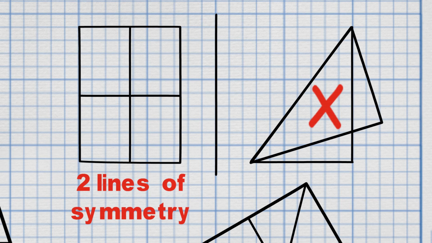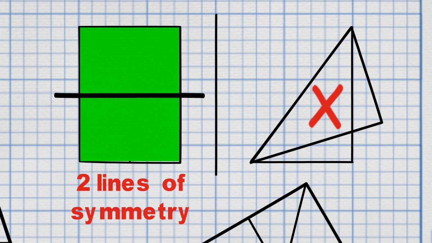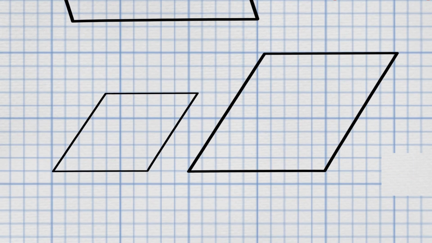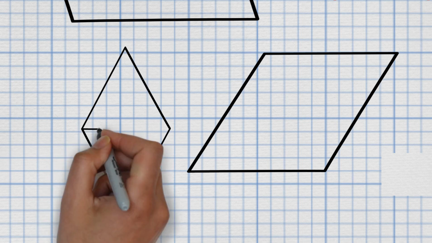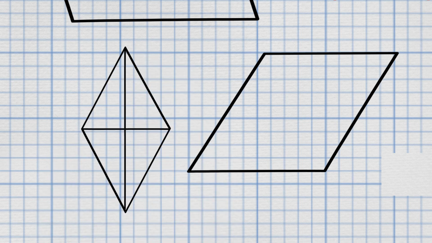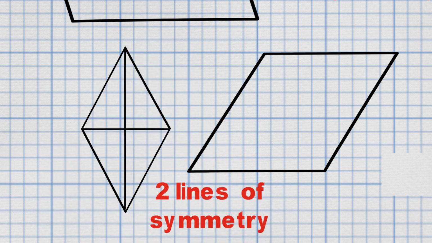That's correct, Max. A line of symmetry is just like a line of reflection, where the 2 halves are reflected either side of the line. Now, with the rhombus, if we turn it to look like a diamond, it becomes easier to see that it also has 2 lines of symmetry.